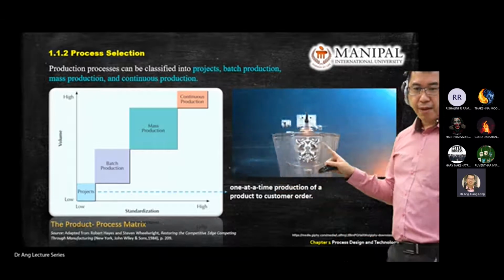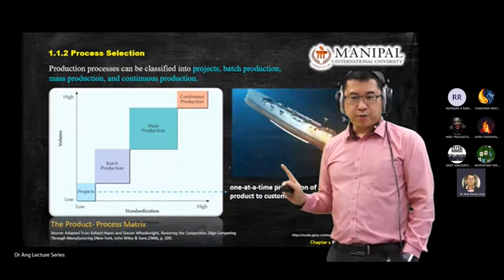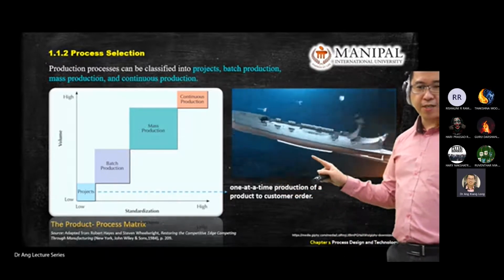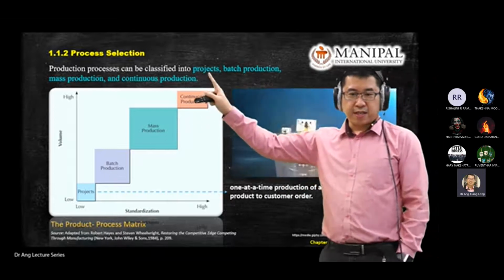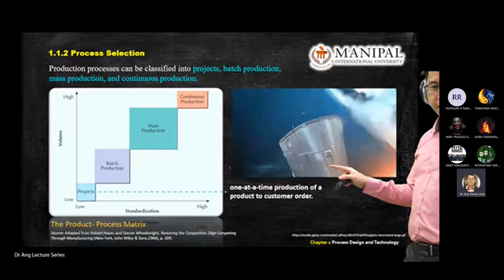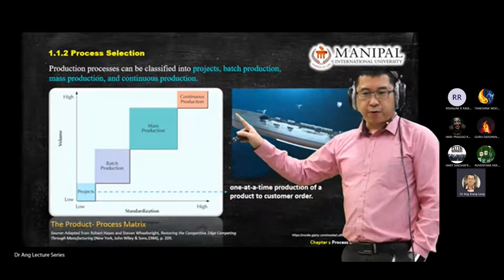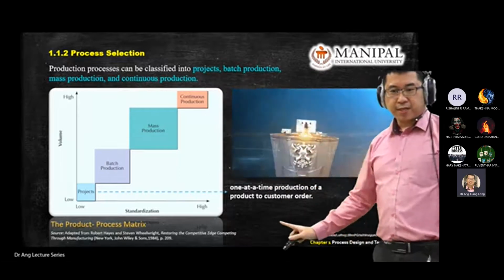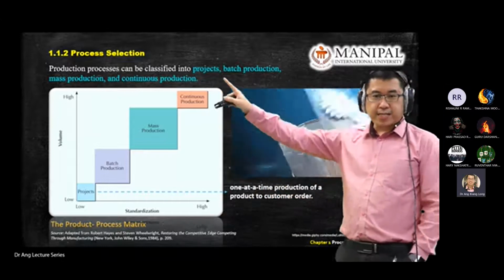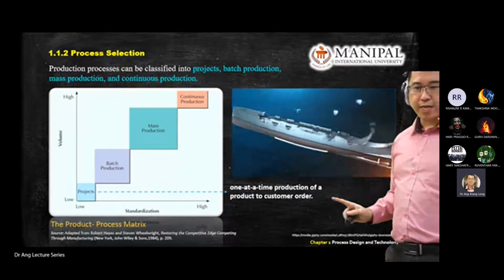What happens if you use it after I already warned you? There will be no marks given if you mention ship production in projects. So you need to do your homework and find out what other examples can fall under projects. The keyword is one at a time production. Your process can only process one big project at one time.